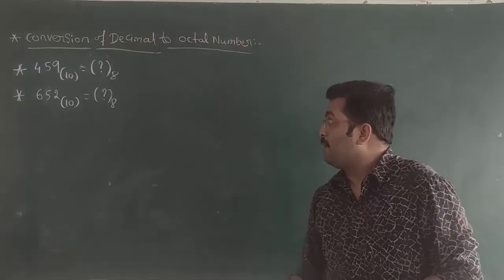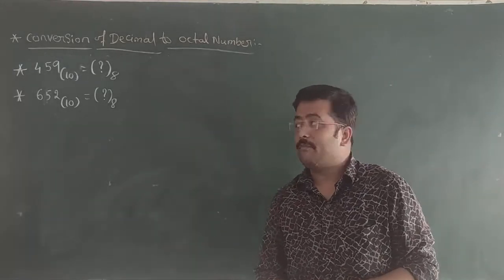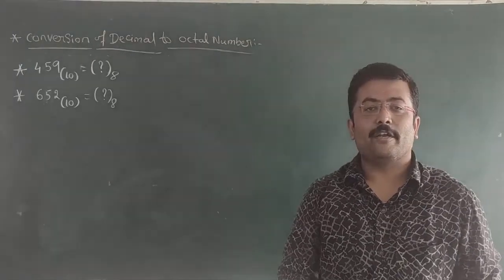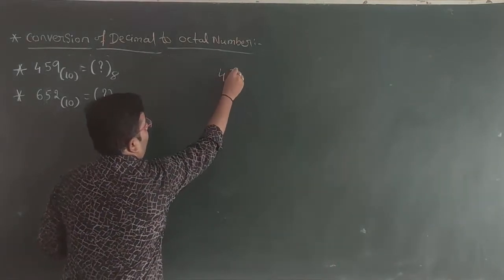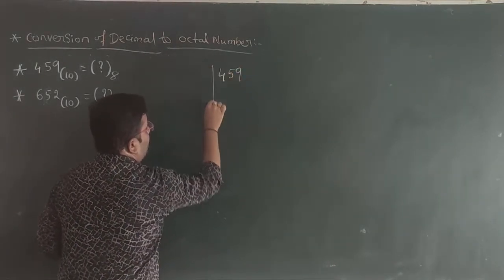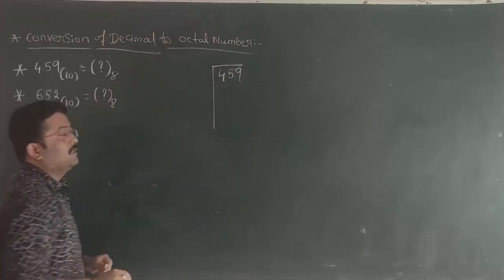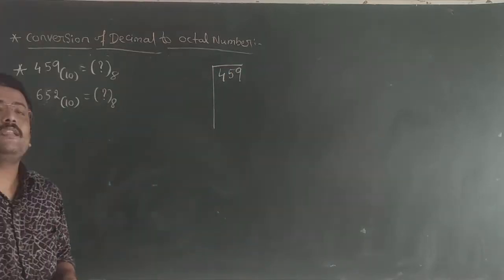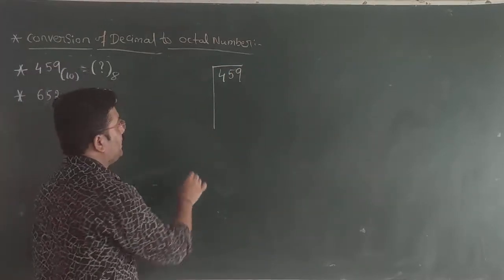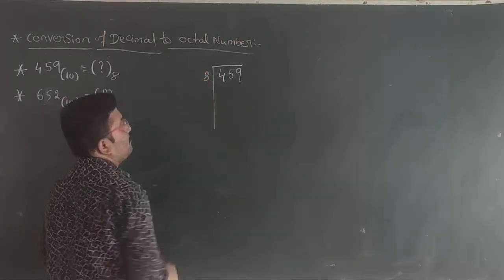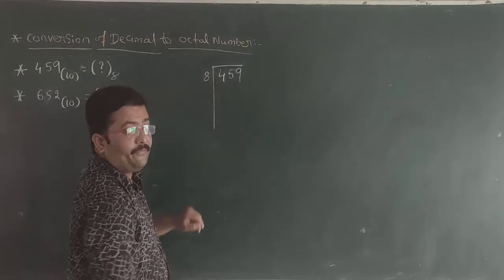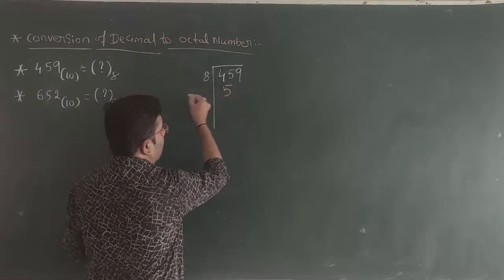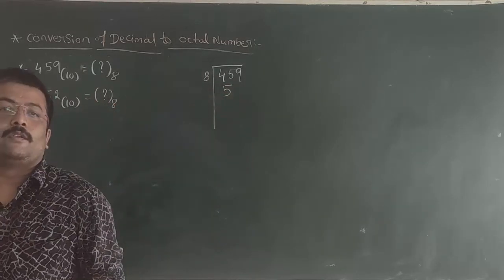Let us take one more example, 459 to the base 10, converted into octal number. Step 1 is to divide the given number by 8. Take the first 2 digits, 8 fives are 40.